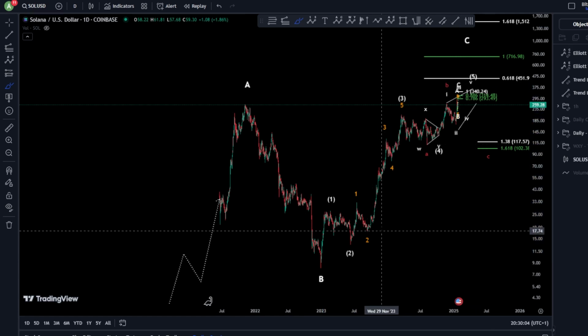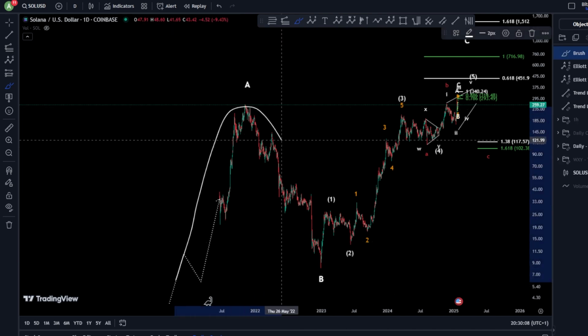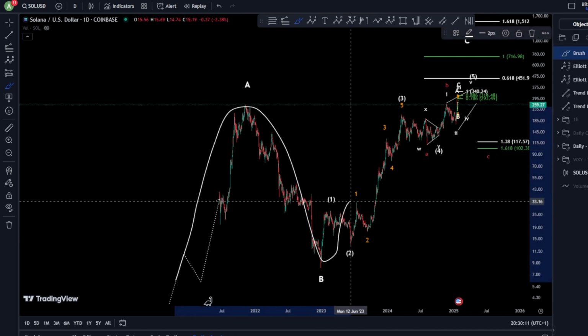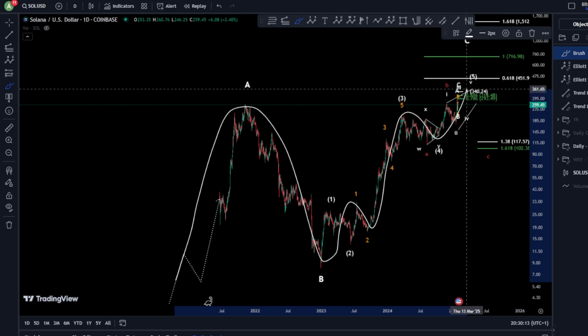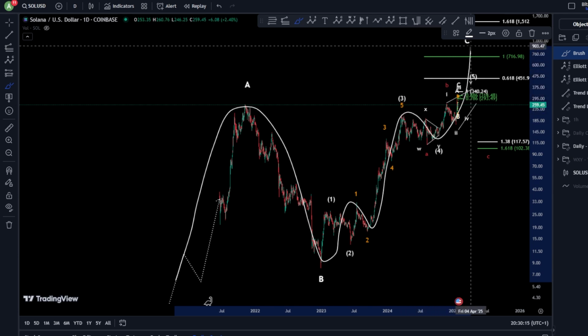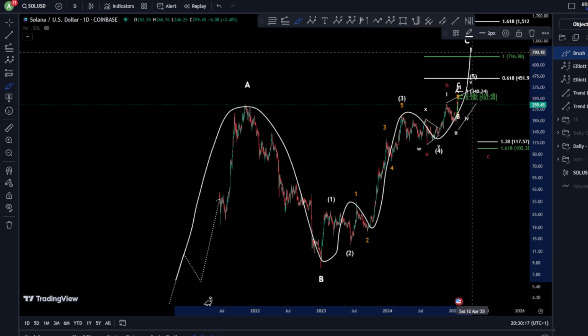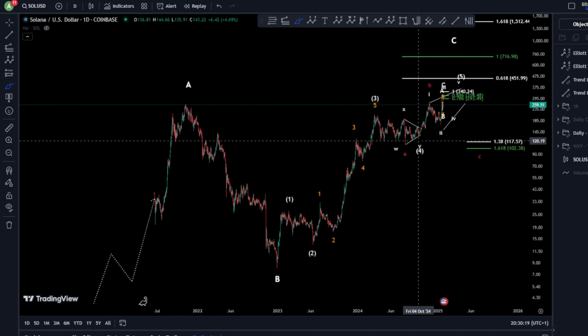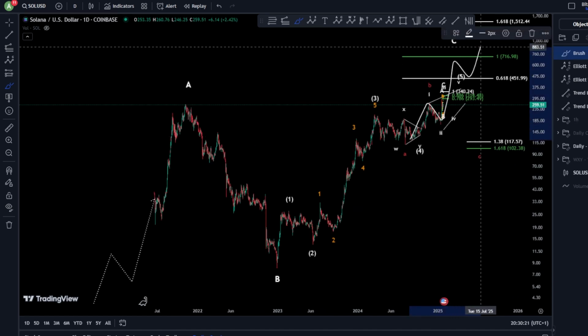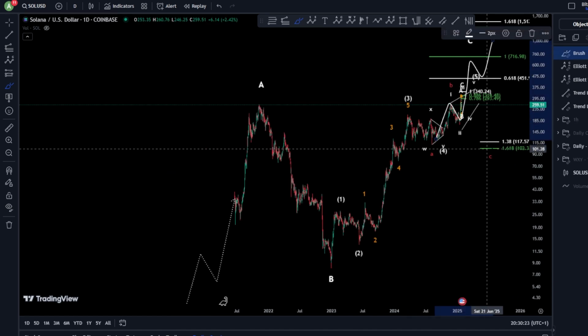Basically, if we are impulsive in a bigger bullish scenario where you have a 1, 2, then of course you would like to see 1, 2, 3, 4, and a 5, well, maybe an extended wave 5, but it should be impulsive. So we need to see 1, 2, 3, 4, and a 5 to say we are impulsive.